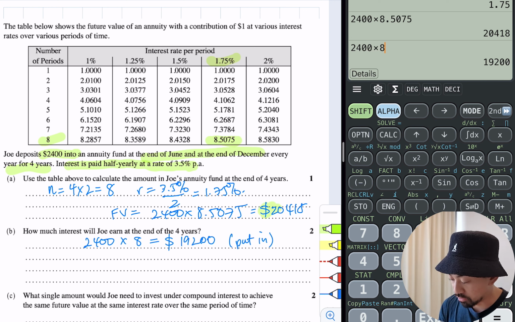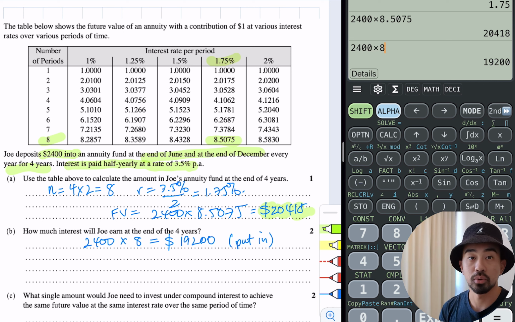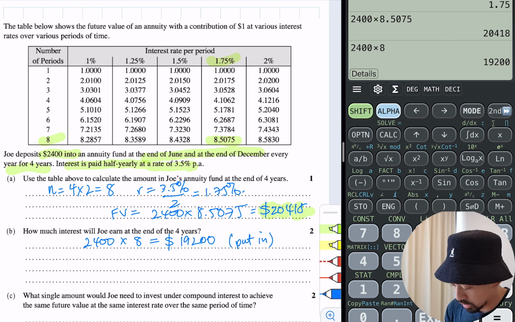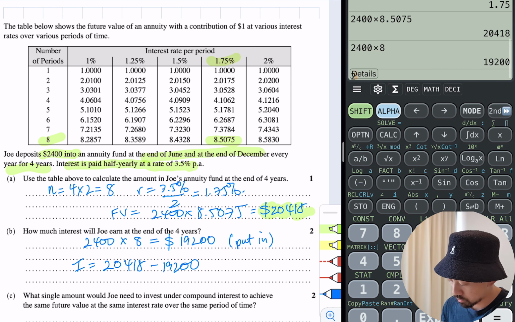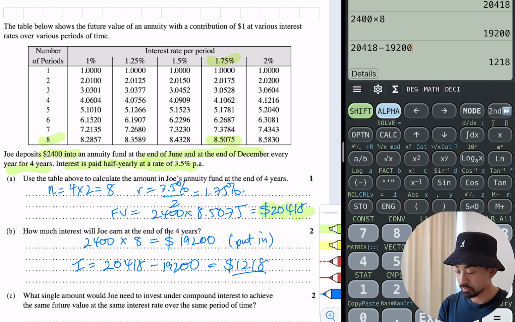And we found from the previous question that it's now worth 20,418. So the interest has to be those two subtracted. So that's 1218 in interest.